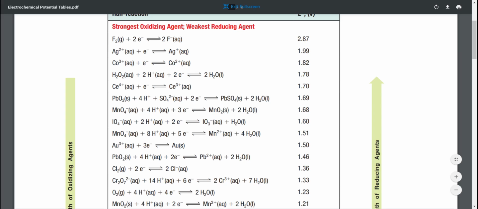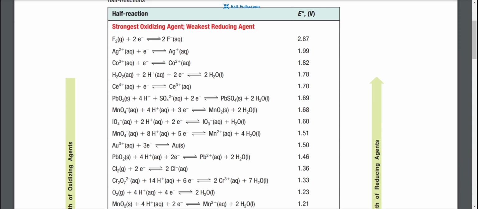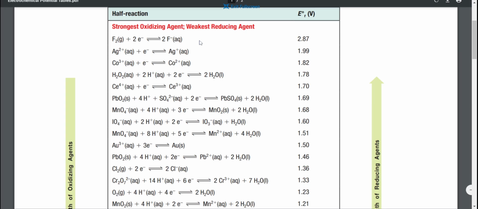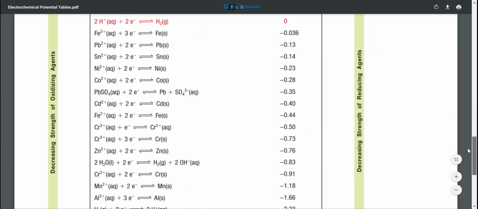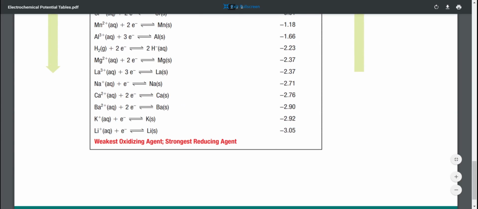This table is organized from reduction reactions which involve a very strong oxidizing agent, so elements or ions which have an incredible attraction for electrons, at the top. At the bottom of the table, we have the elements or ions which have the weakest attraction for electrons.